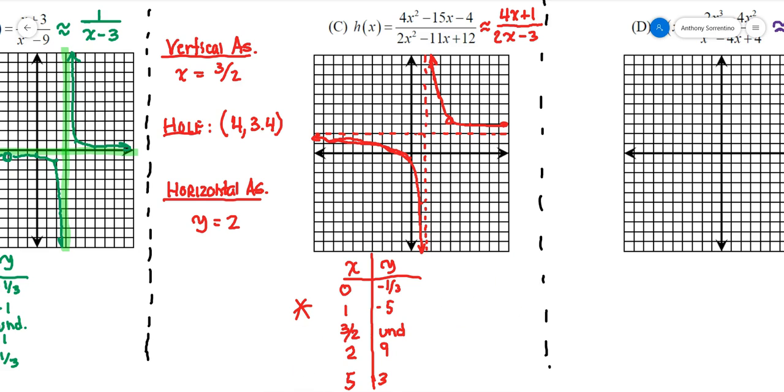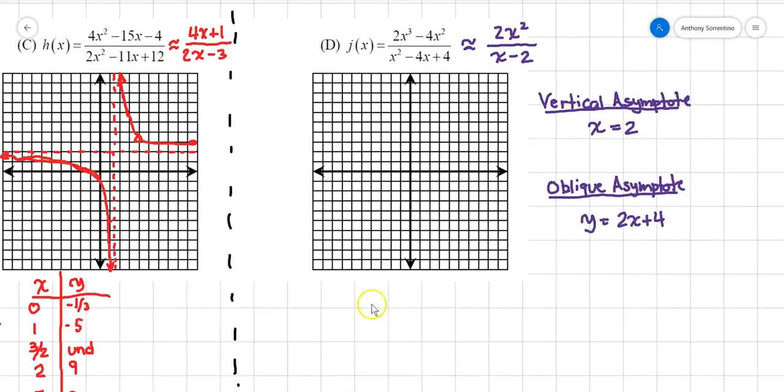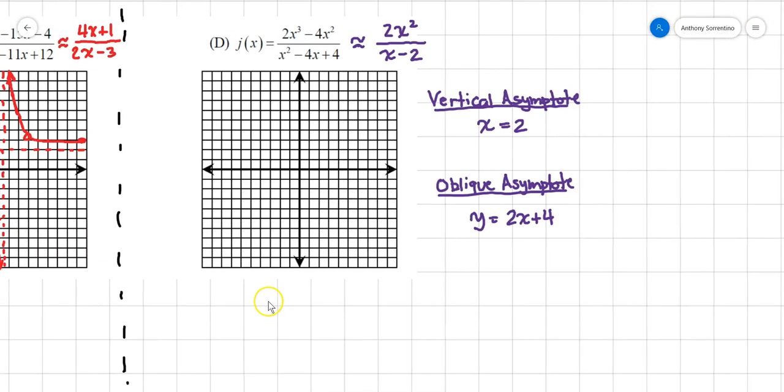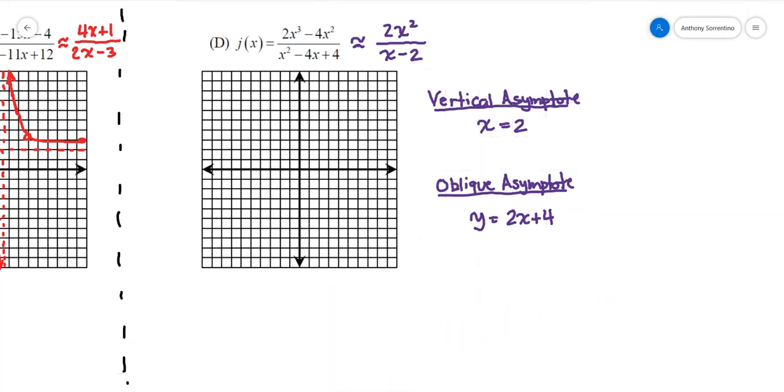And lastly, for D. So we have the vertical asymptote, x equals 2. So x equals 2 is a good vertical asymptote. Nice light vertical asymptote.